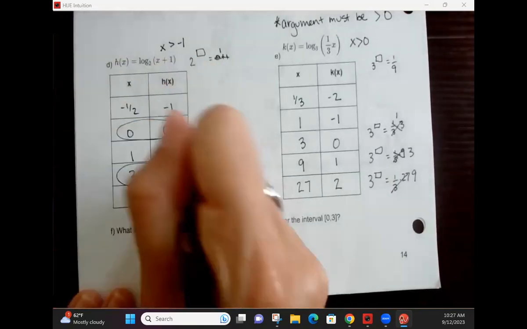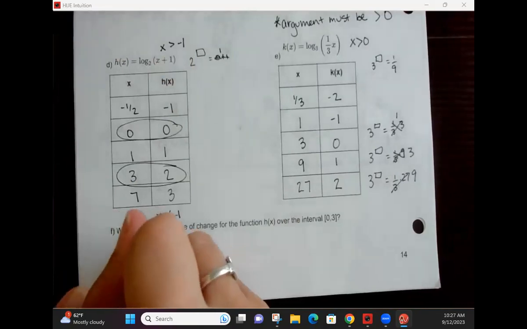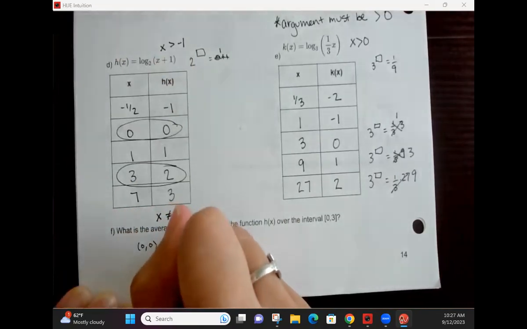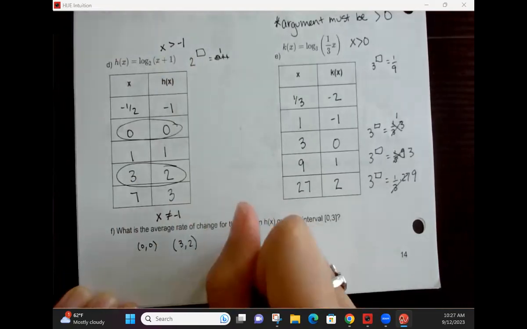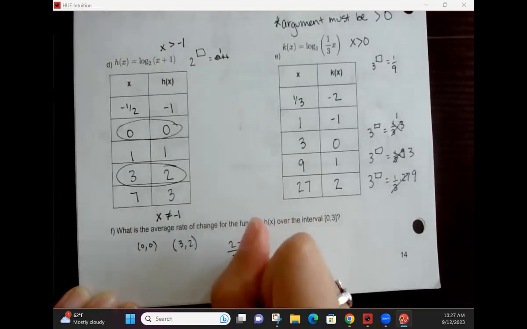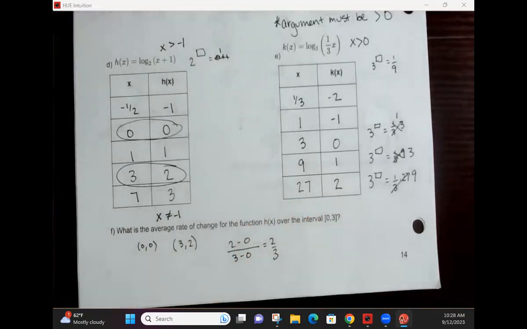Find that average rate of change for me. Two-thirds? Okay.